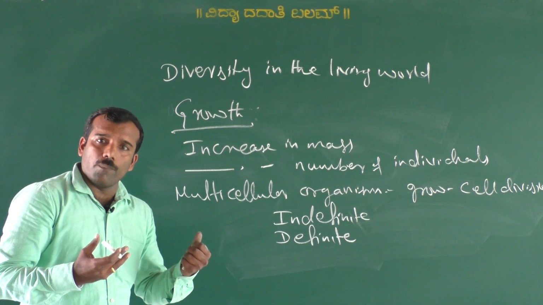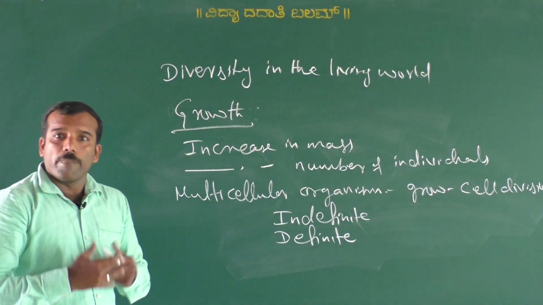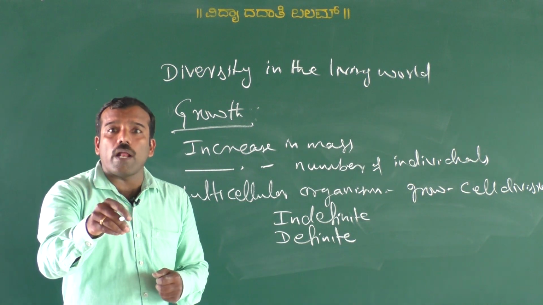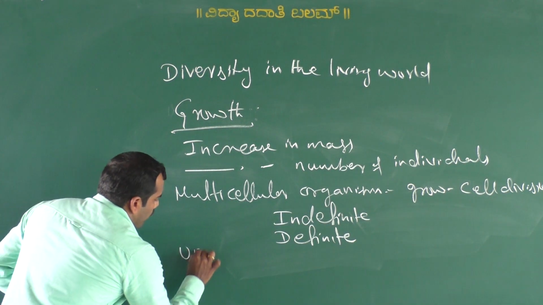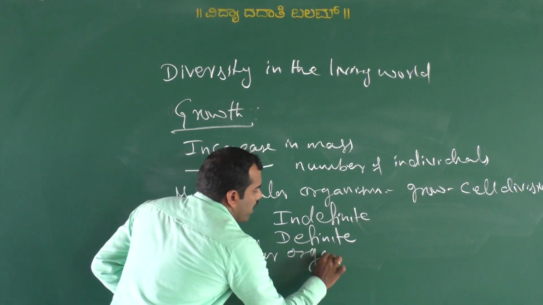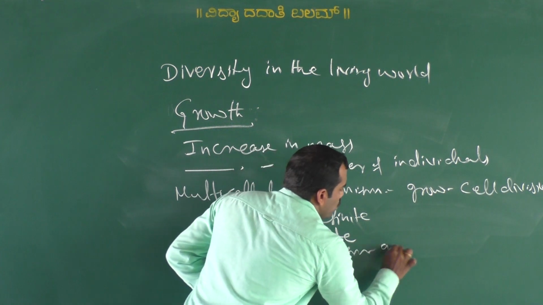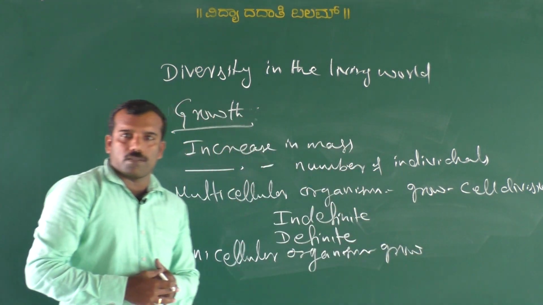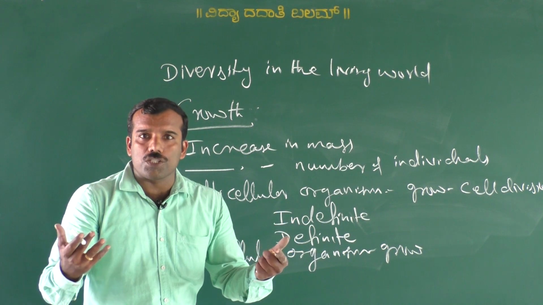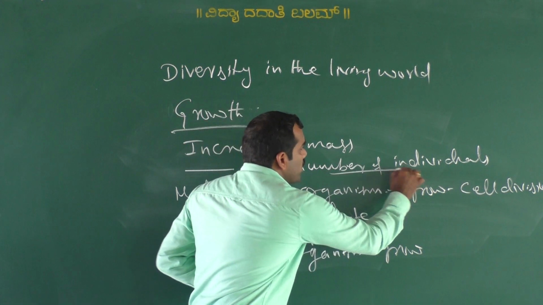So both plants and animals show growth by cell division only. Similarly, unicellular organisms also grow by cell division. When cell divides, the number of cells increases. So an increase in the number of cells means an increase in the number of individuals.